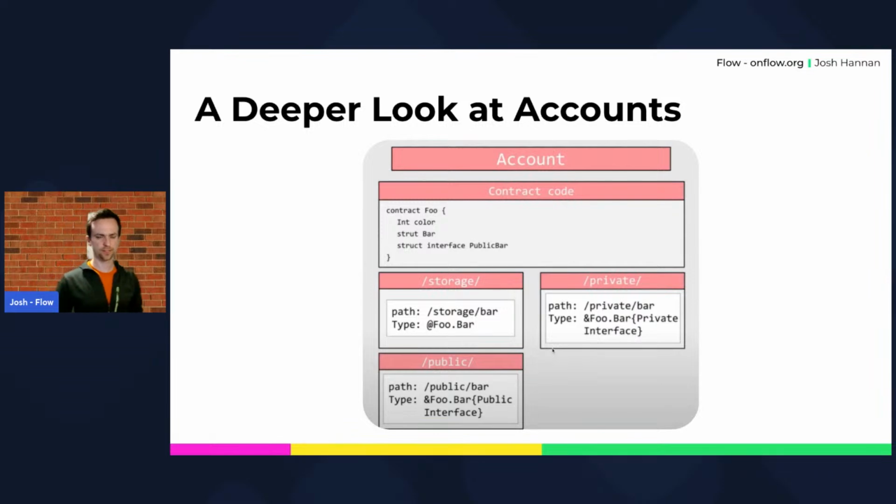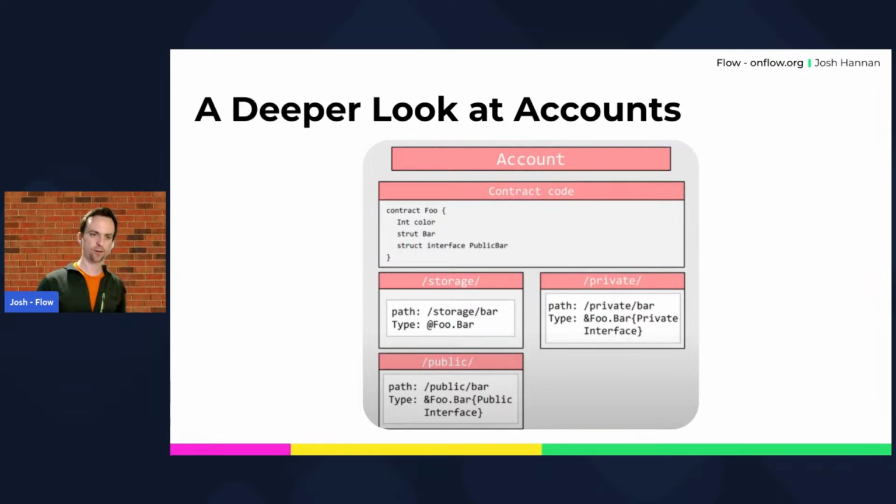So I'm giving a slightly more detailed look at an account here. Each account has a contract section where they can have any number of contracts deployed to it that define fields or structs or resources.